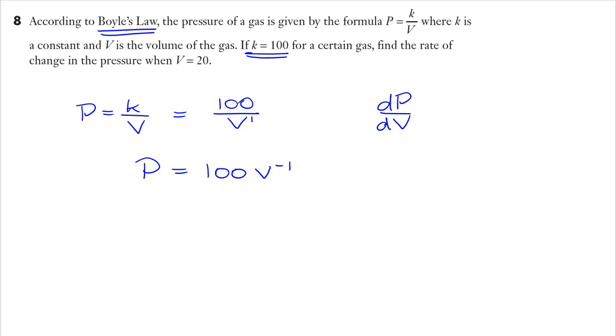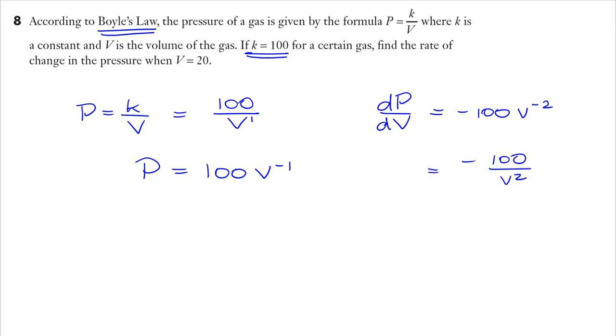So now if we get the derivative of this function, here's the power. The power, remember, multiplies by any coefficient, and we just take 1 away. So we're going to get minus 1 times 100, just minus 100, V, and subtracting 1 gives us V to the power of minus 2, which we could rewrite in fractional form as minus 100 over V squared.